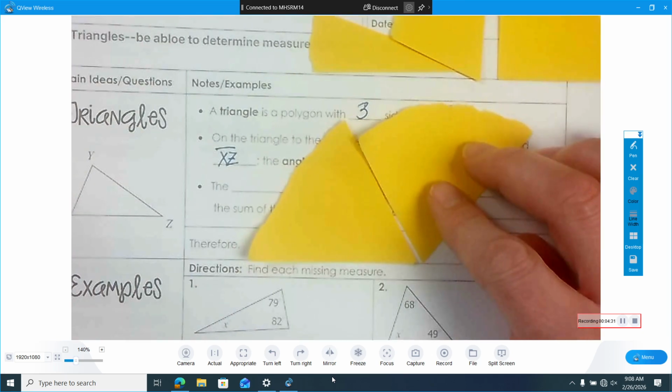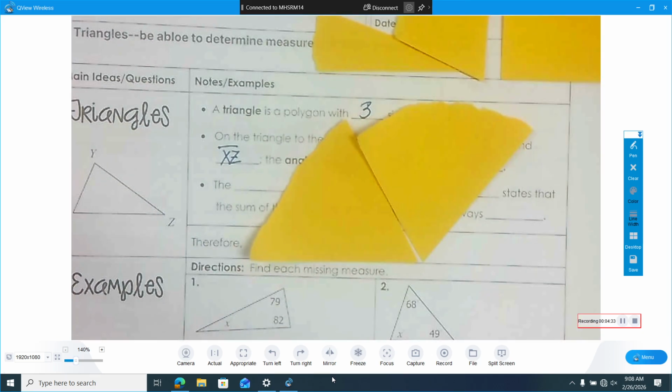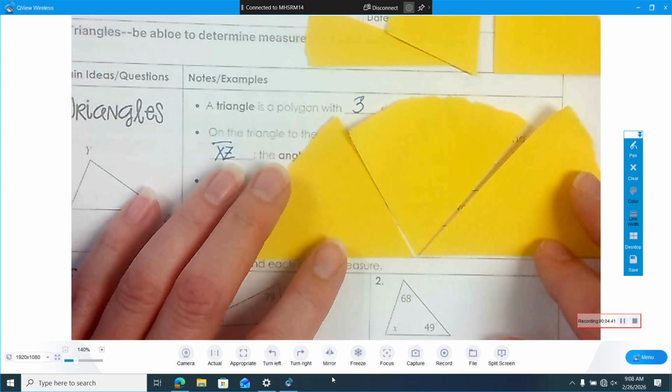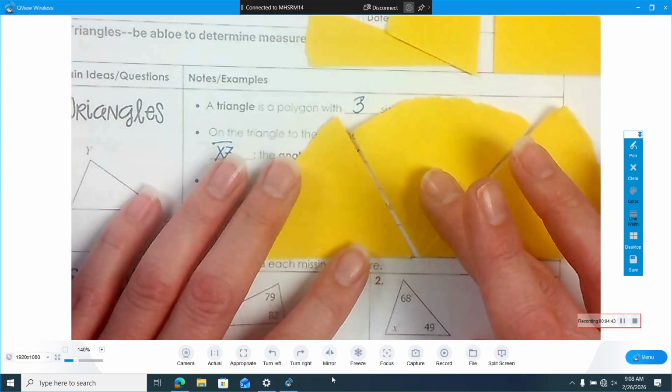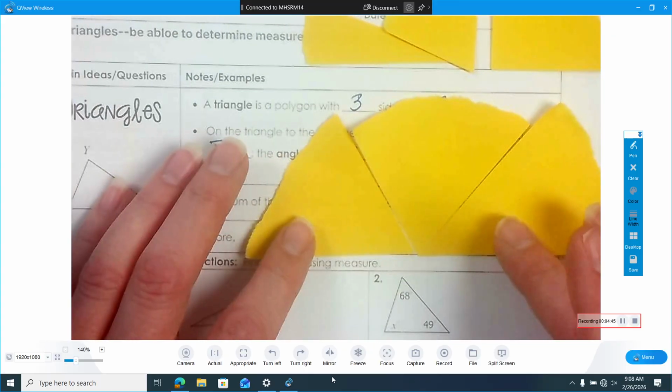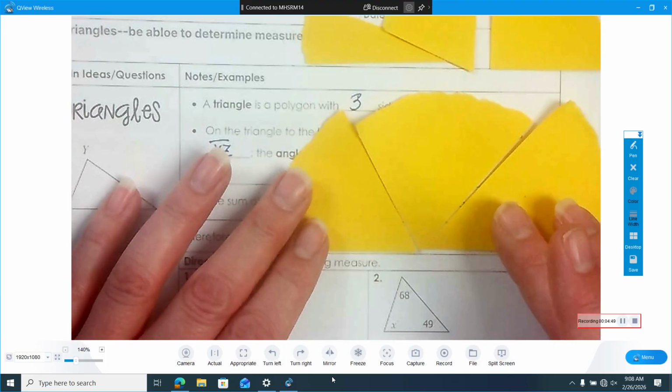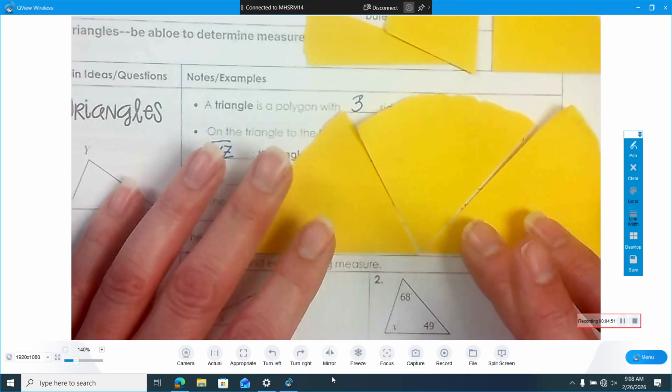All right, there we go. One more to go. Do you think it's going to work? Let's see. What's it look like? Oh, that's pretty good. Ladies and gentlemen, what does the triangle sum theorem tell us?